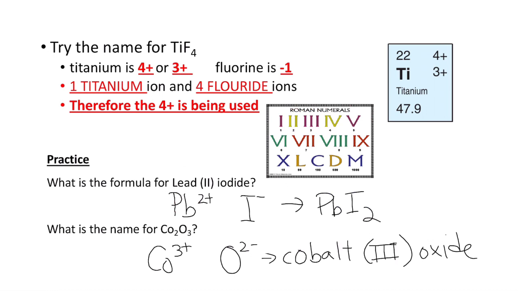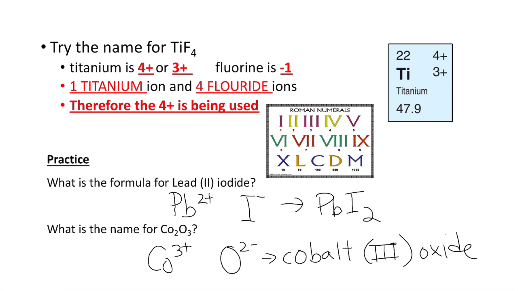Okay, here are your answers. So lead iodide, Pb2+ and I-. Working with the iodine, we would need 2 of those to balance out that 2+ charge. Co2O3, we work based off of the oxygen, which has a 2- charge. So the lowest common multiple between these is 6.